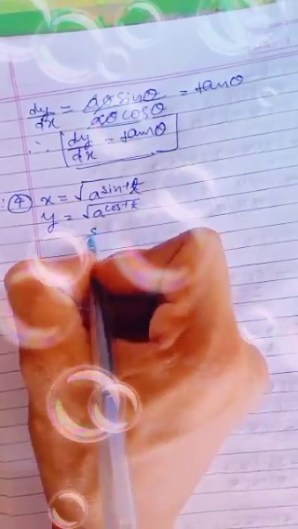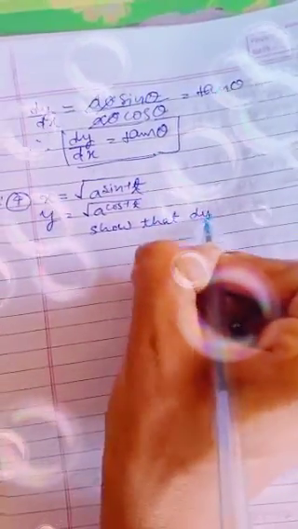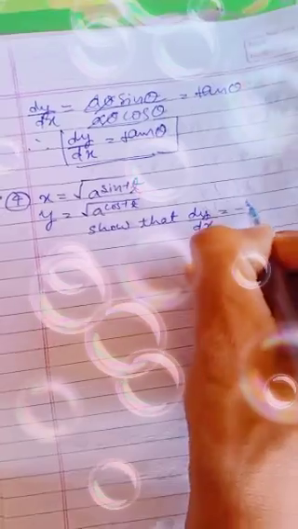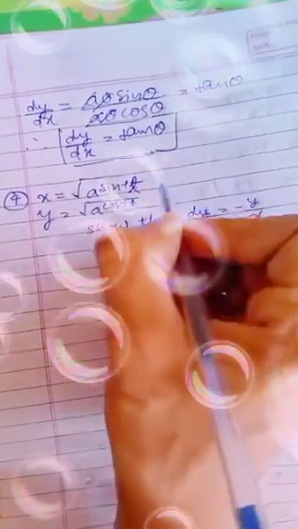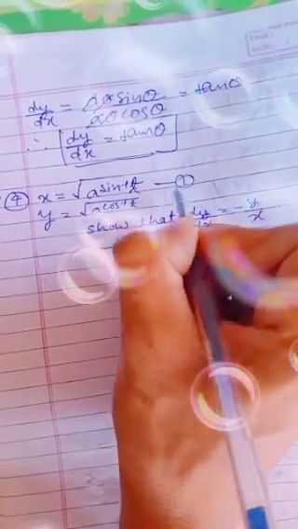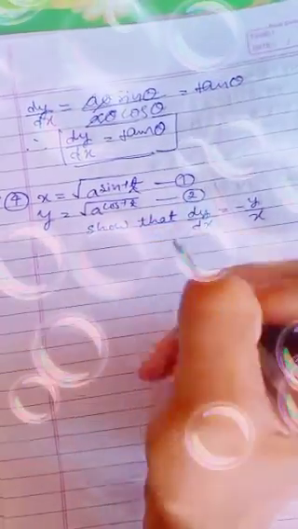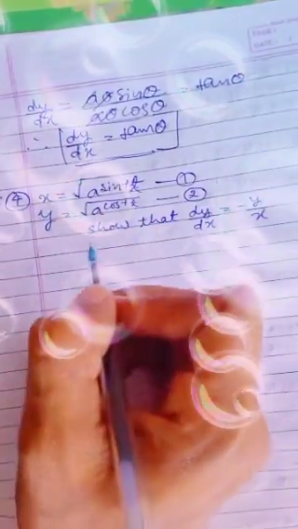Then it will ask: show that dy over dx is equal to minus y upon x. So you give this equation number first, equation number second.